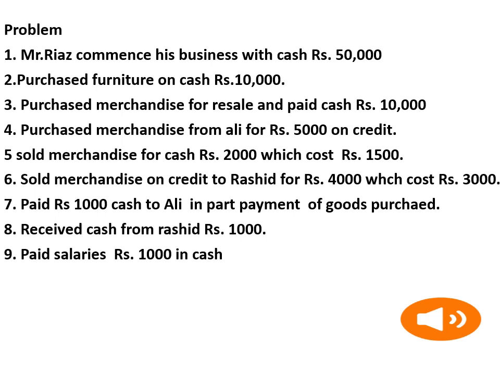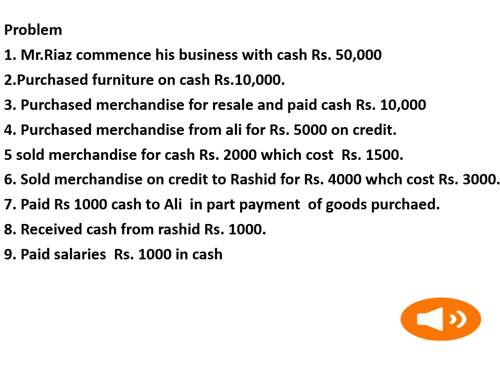In this problem, our first transaction is that Mr. Riaz commenced his business with cash rupees 50,000. Our second transaction is that purchased furniture on cash rupees 10,000. Third transaction is purchased merchandise for resale and paid cash rupees 10,000.